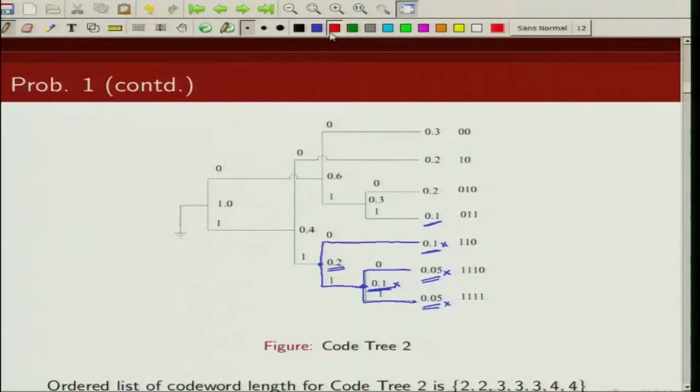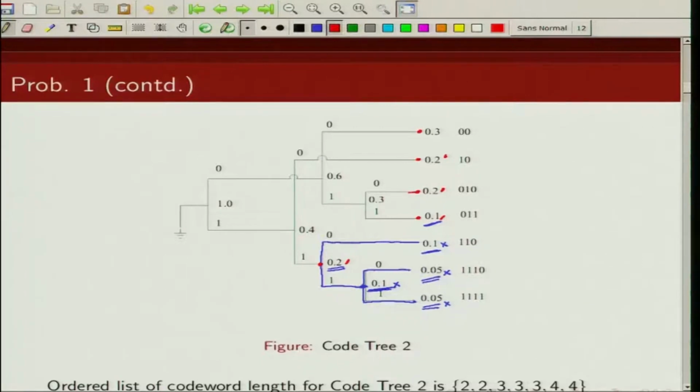So now the active nodes are this one, this one, this one, this one, and this one. Now we have one node with probability 0.1, and 3 nodes with probability 0.2. So we have to combine this node with probability 0.1 with any of the nodes with probability 0.2.